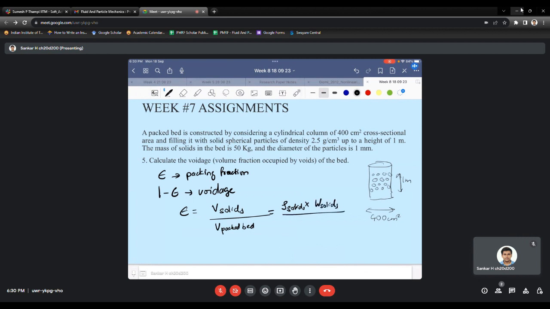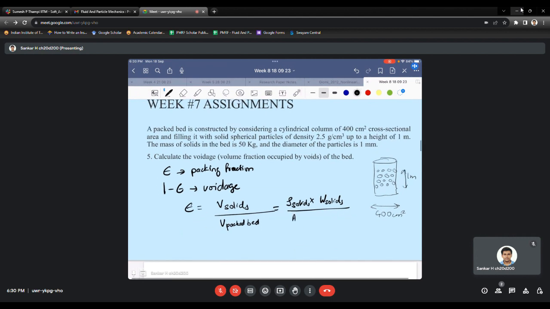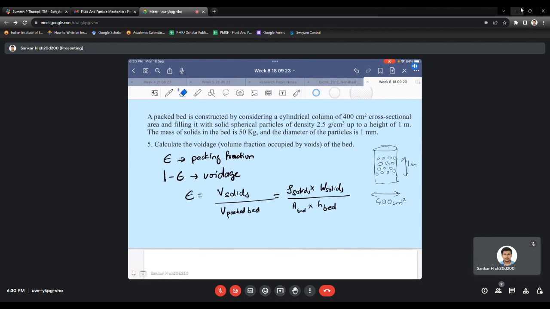How do you find the volume of the packed bed? It is very straightforward, as the dimensions of the packed bed are given, which is the area of cross section of the bed times the height of the bed, which will give you the volume. Let's write down what we know.